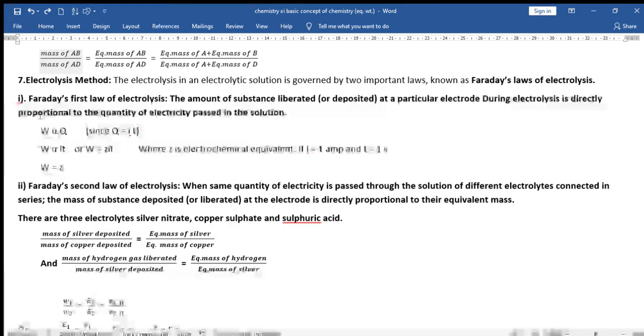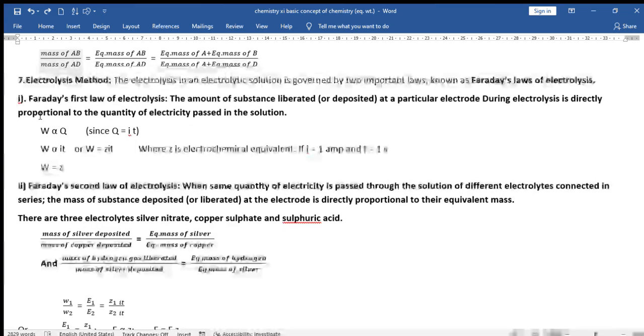Now we study Faraday's first law of electrolysis. According to this law, during the electrolysis of any electrolyte, the amount of substance liberated, deposited or produced at a particular electrode is directly proportional to the quantity of electricity passed through the solution.